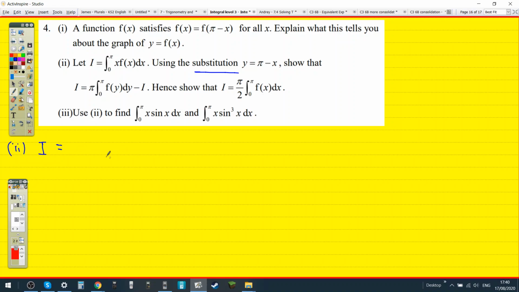Since y equals pi minus x, then f of pi minus x is equal to f of y. Not really sure where they got the dy from, but I'm guessing that's because it's in terms of y, so it has to be dy.